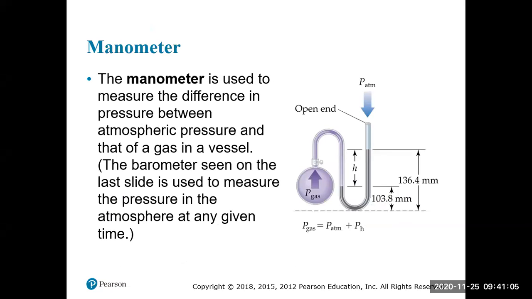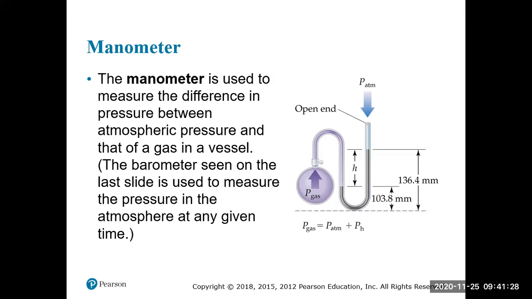There's something called a manometer, and that's used to measure the difference between atmospheric pressure and the pressure of some gas that you're trying to measure. So you have gas in some type of container, and you can use this manometer to measure the pressure inside that container.